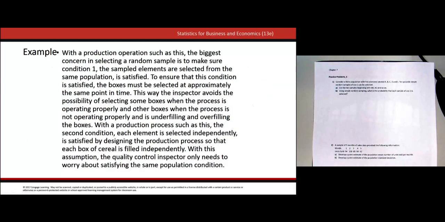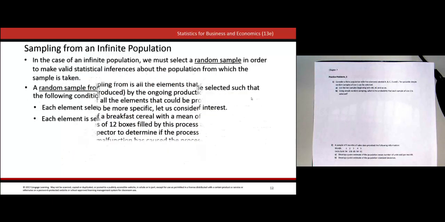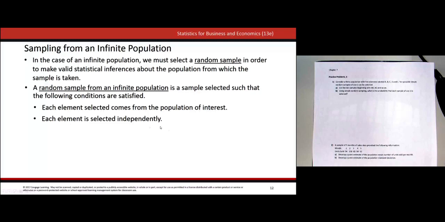So how can we select the 12 boxes randomly? We have to satisfy these two conditions. Each element is selected independently. Since each box is filled independently, we satisfy this condition already.